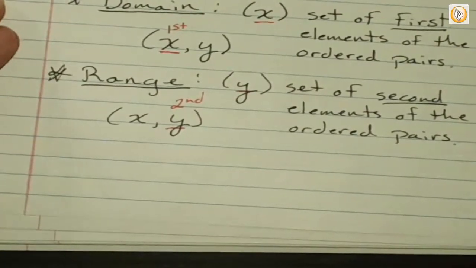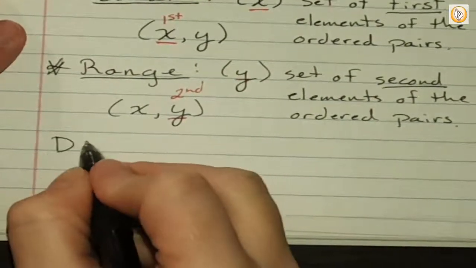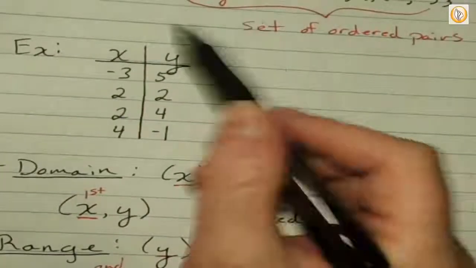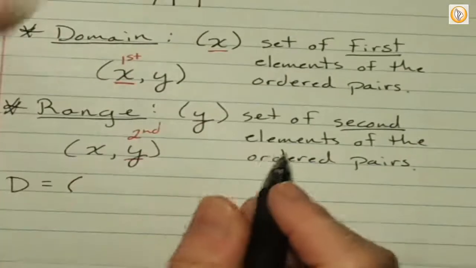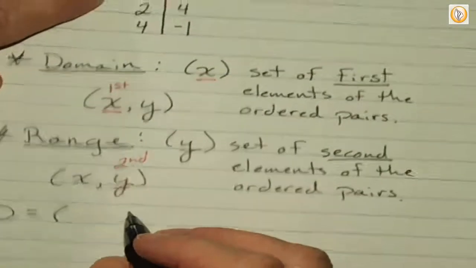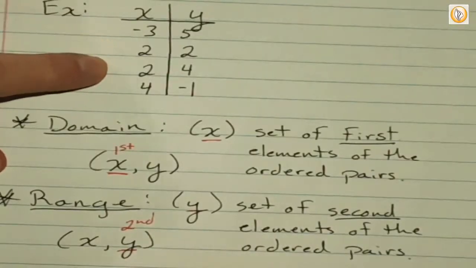For example, if I were to say, what is the domain of those ordered pairs up there? The domain would be -3. And then I have two 2s. Do I write them twice?